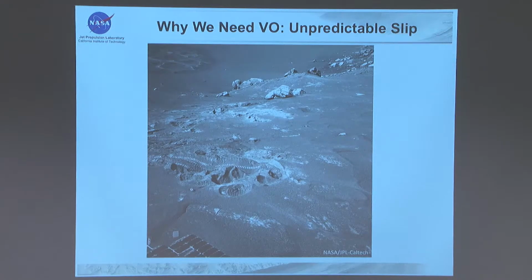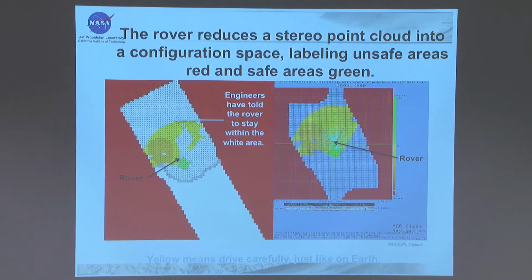These are challenges that are different from driving on Earth, because here everything is structured. You have roads, you have lanes. If something happens, you can call AAA and get some help. But on Mars, if something happens, you have to make a mission and send another thing to help, and it's very expensive.